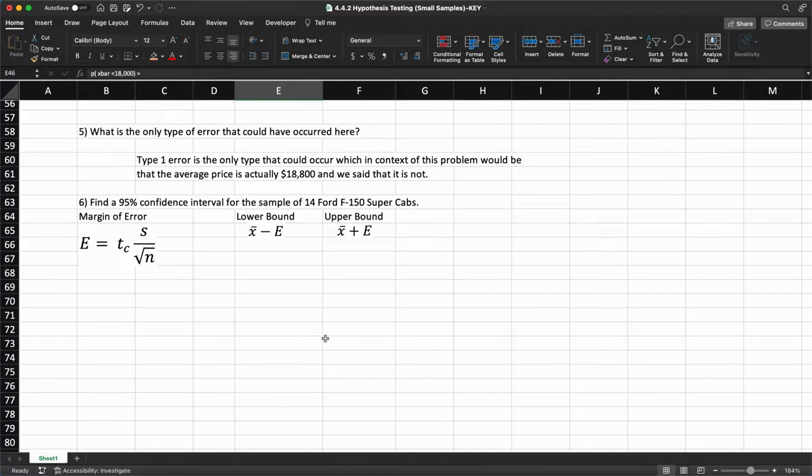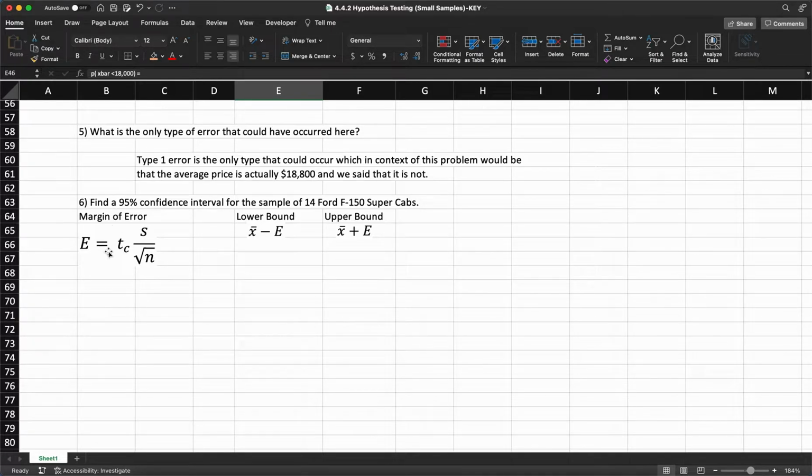So we'd put 0.025 for the lower bound, we'd put 0.975 for the upper bound, and we'd find those two values. So this is similar, except we have to do an extra step because it's not going to take the mean and standard deviation and just spit out the value for us.